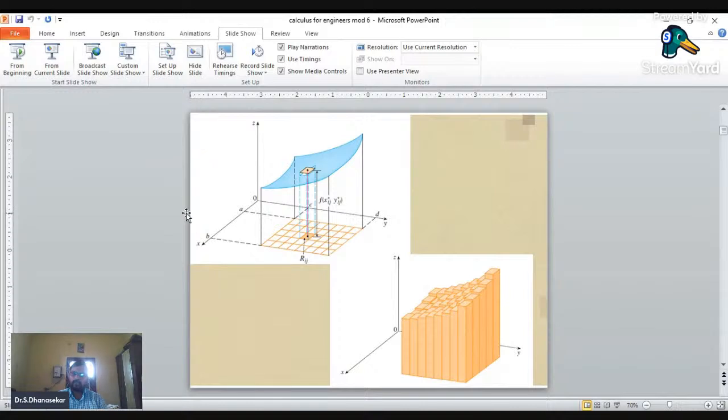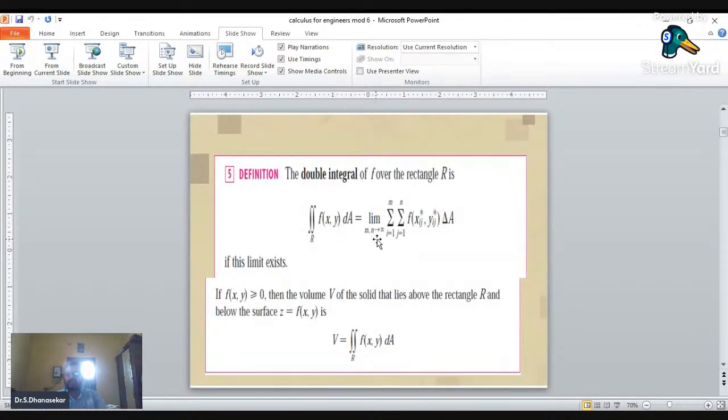So when you are using the double integral, you are finding the volume of the solid which is below the surface z equal to f of x comma y and above the xy plane. That's what the double integral is all about.